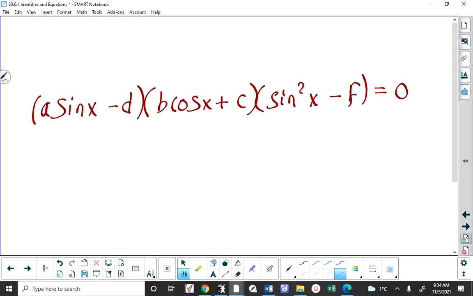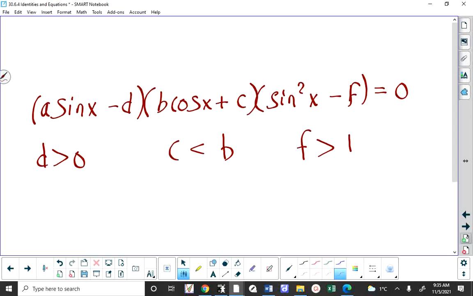And the question is, how many solutions does it have? And then they tell you before they ask you some things about A, B, C, and D. They tell you, for example, that D is bigger than A, that C is less than B, and that F is greater than 1.